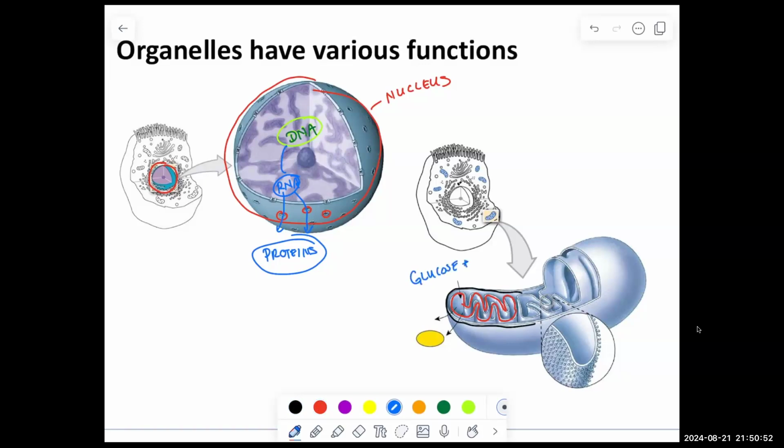I'm going to put this because it's not just glucose, it's products of glucose and oxygen. This is why we breathe, so you can get that oxygen to the mitochondria. And when glucose and oxygen work their way into the mitochondria, what does the mitochondria do? It converts all of that to ATP. That is the energy source of the cell. You need to understand that.